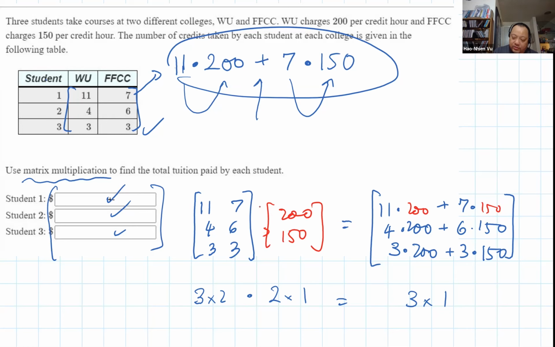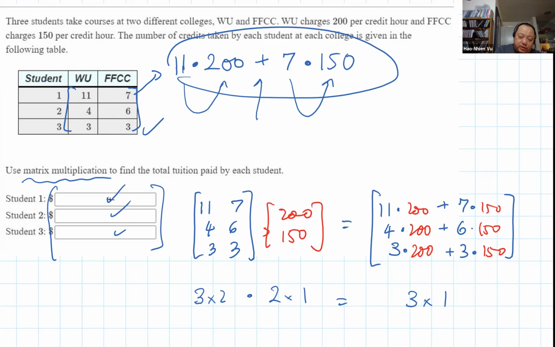And once you get to the second row, then it's this 4 and 6 times the 200, 150. And by the time you get to the third row, same thing. You're going to take the 3 times 200 and 3 times 150.